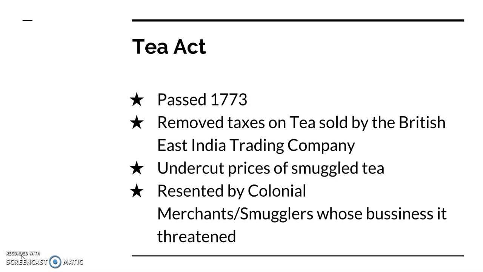So much ado about the Tea Act. The Tea Act was passed in 1773, and it removed taxes on tea that was sold by the British East India Trading Company. Now, the British East India Trading Company was a royally chartered company. So what that means is even though they were a private company, they were given a special charter and special licenses by the British Crown.